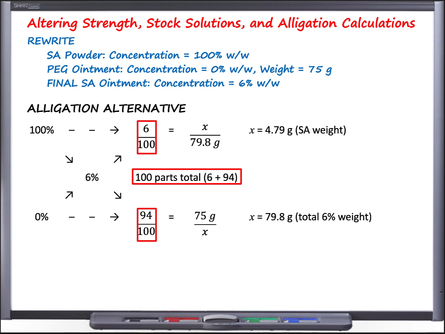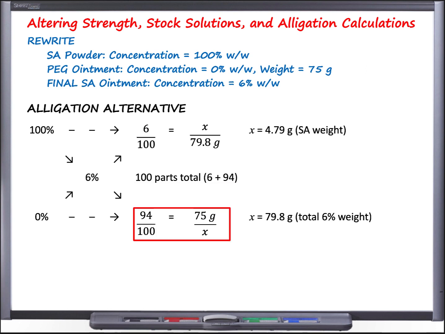All right. Now we have our proportions. Now what are we going to set up? What other information do we need? Let's start at the bottom. The only other information we have at this point is that we know we're going to be starting with 75 grams of our polyethylene glycol ointment base.